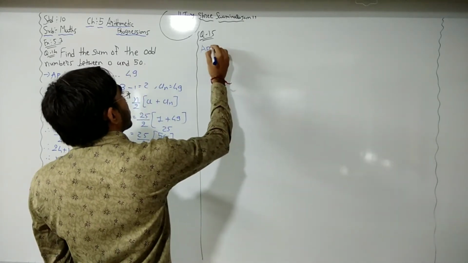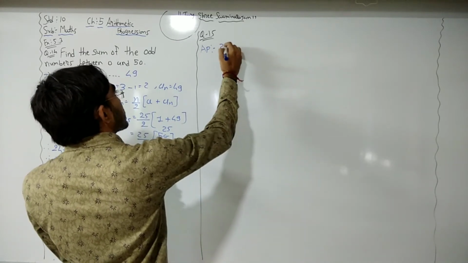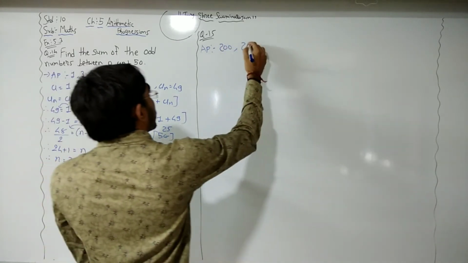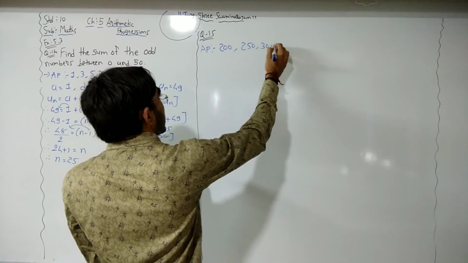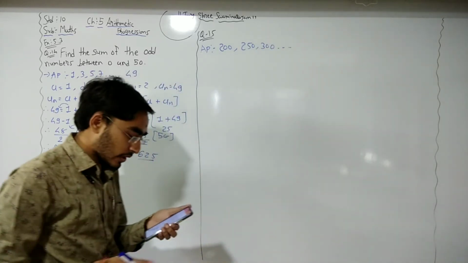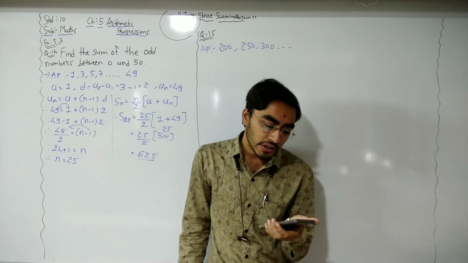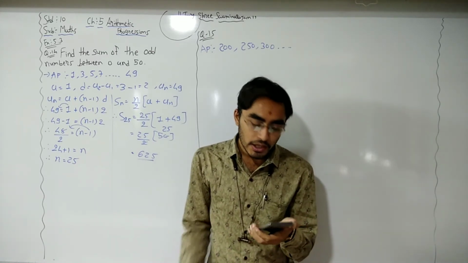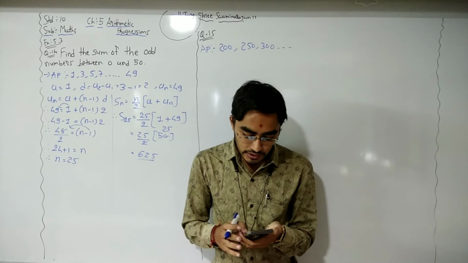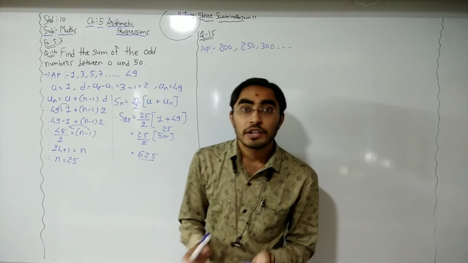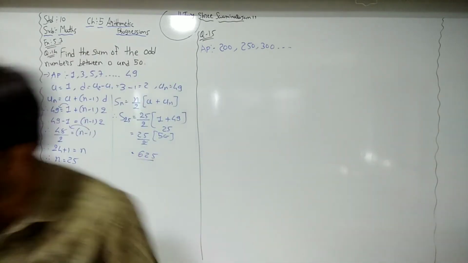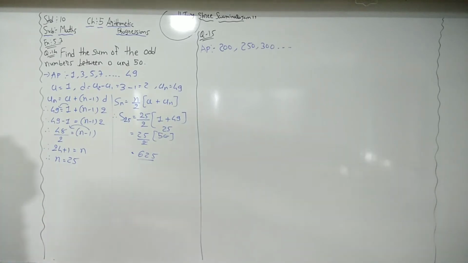First term, that means for the first day we need to pay 200, for the second day 250, for the third day 300 rupees. How much money does the contractor have to pay as a penalty if he has delayed the work by 30 days? We need to find for the 30 days.